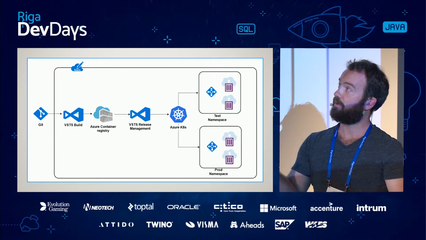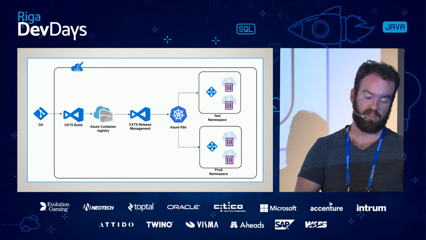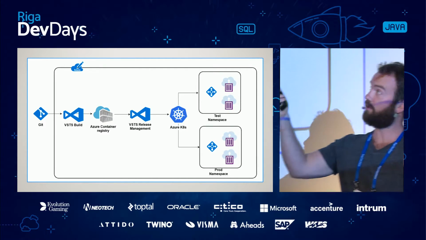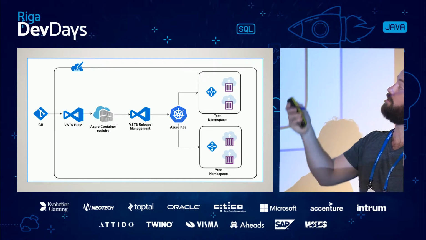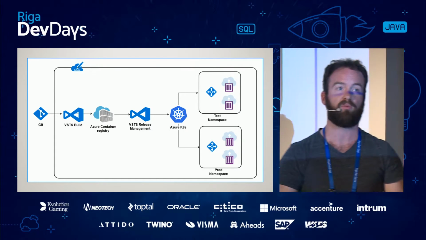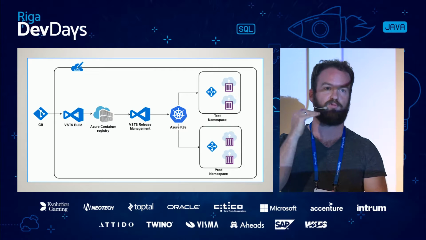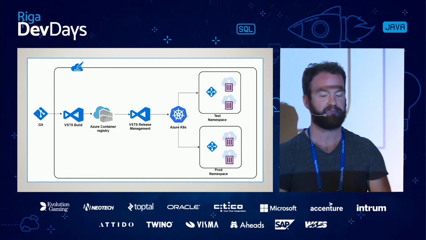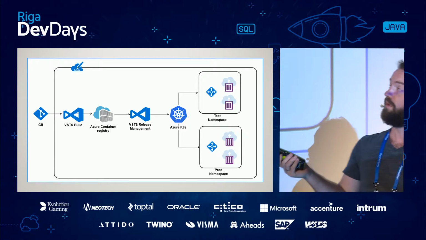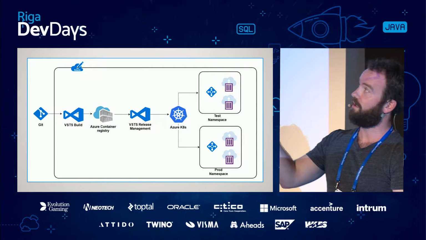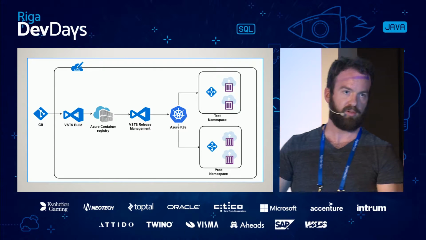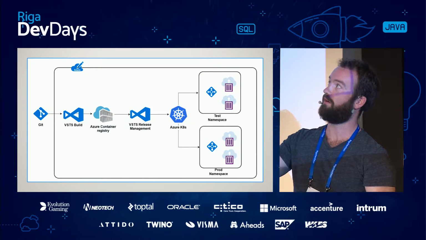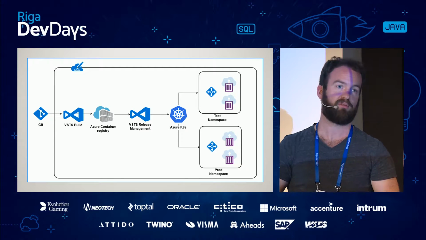So this pipeline then deploys to ACS, which runs Kubernetes in my case. And then I've got a test namespace on Kubernetes and a prod namespace on Kubernetes, which represents my test and prod environment, obviously. Depending on who you are and how much separation you want, you would probably have multiple of these.